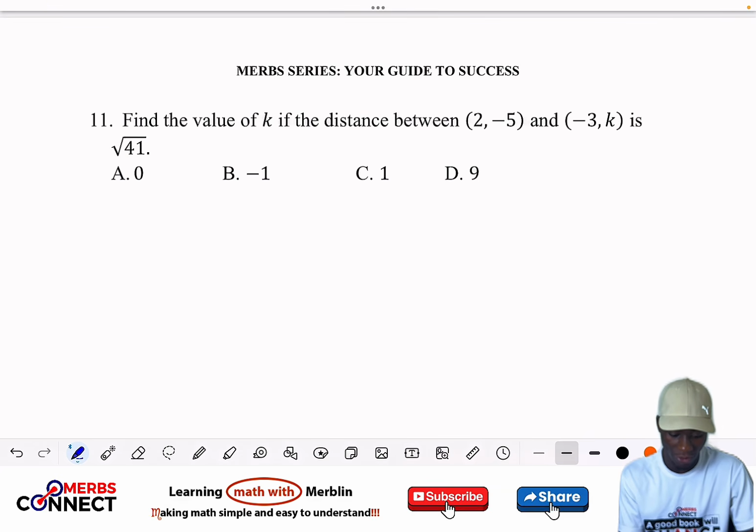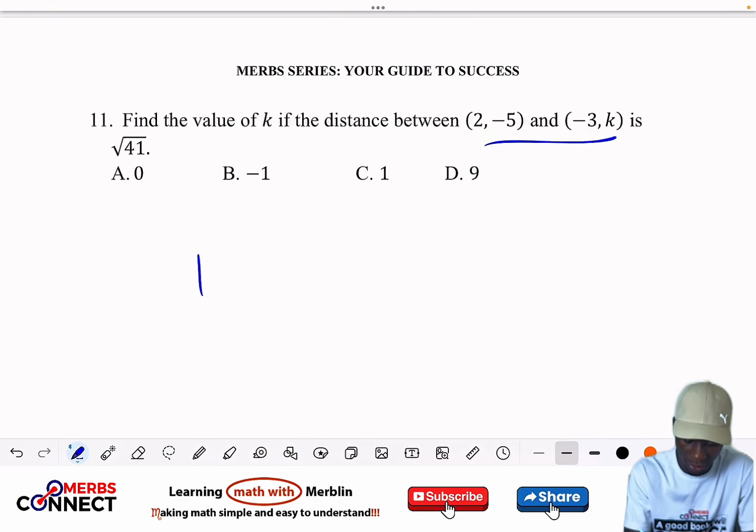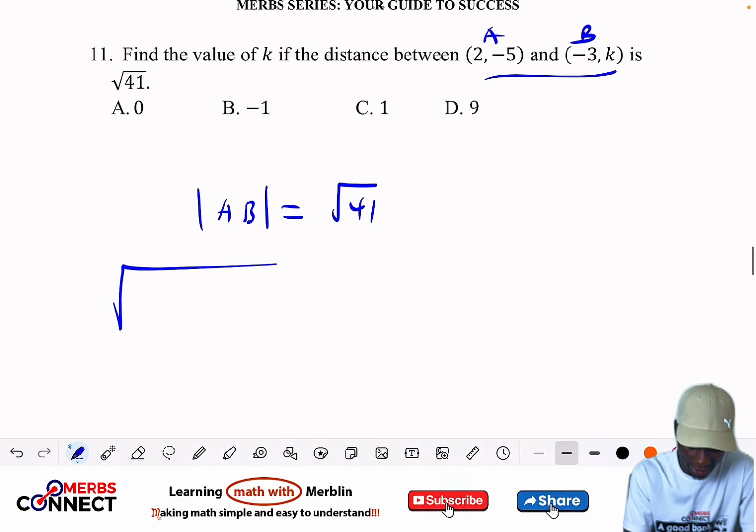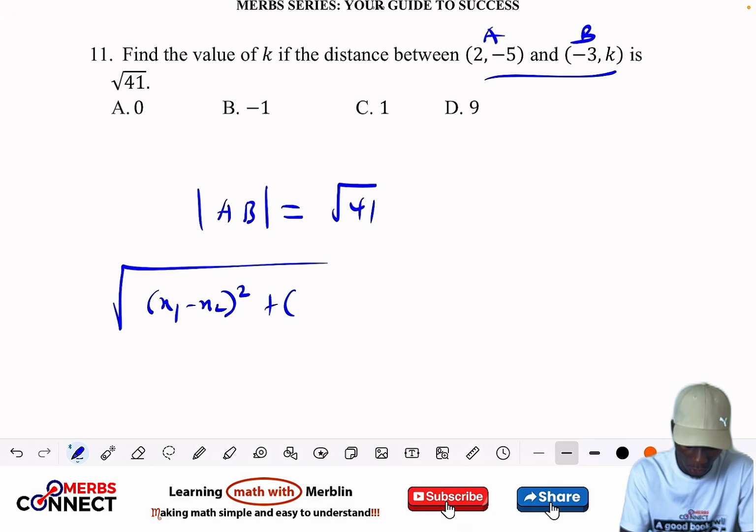So we want to find the value of k if the distance between these 2 points is this. Let me name this one A and B. The distance between A and B is equal to the square root of 41. So let's find the distance. x1 minus x2 squared; you can make it x2 minus x1, it is also the same thing, because of the squared. But if we are using x1 here, make sure you use y1 here.